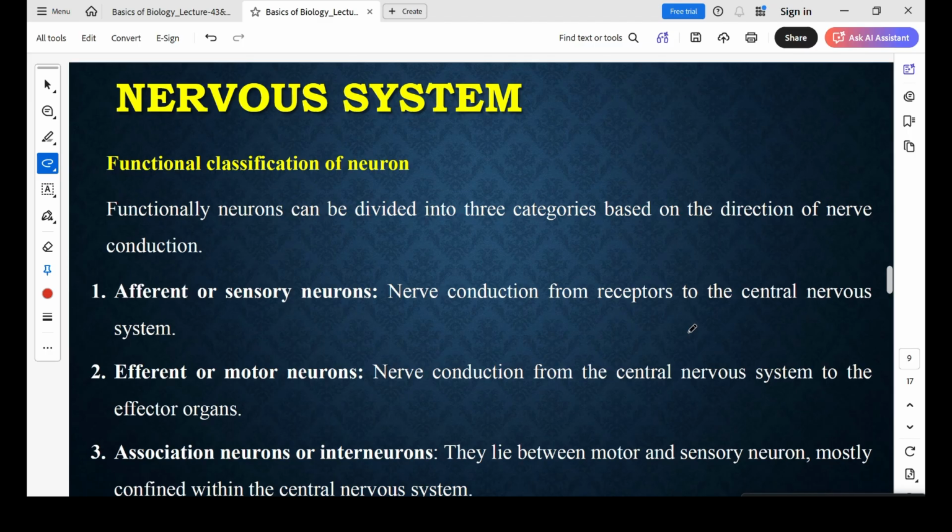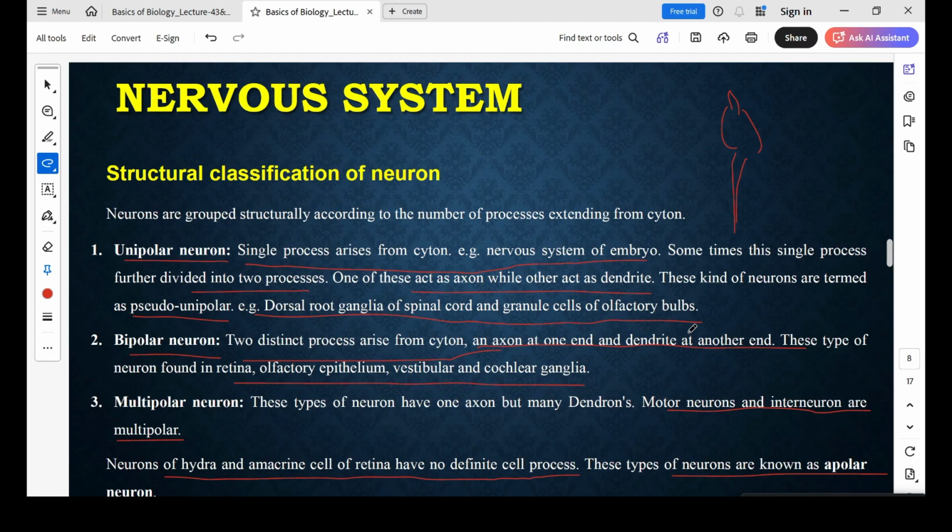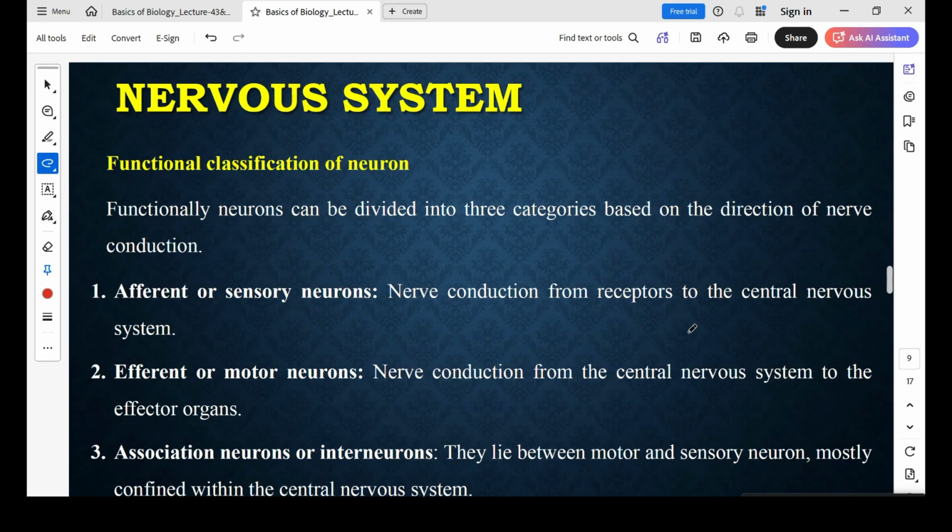That was based on structure. Functionally, neurons are of three types: afferent or sensory neurons, which conduct information from receptors to the central nervous system.